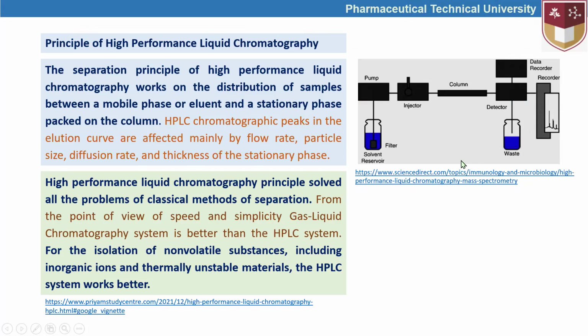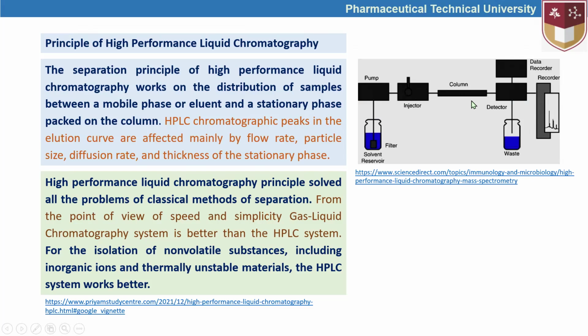Here we can see again the pump takes the solvent and sends it to the injector. To the injector, we can send the sample, or by using the auto sampler, and the injector sends the mixture of the sample together with the solvent to the column.